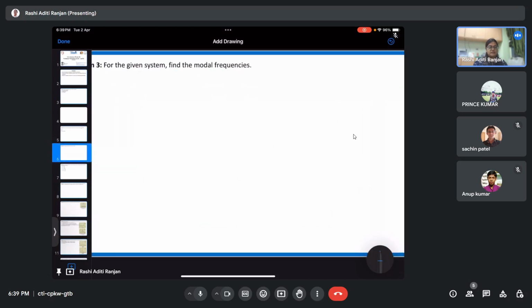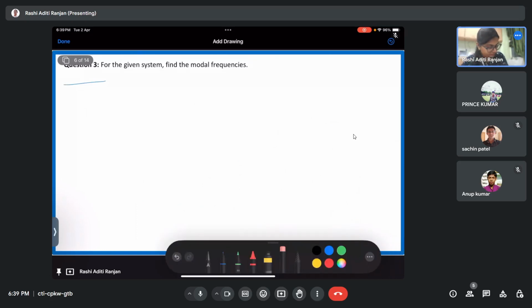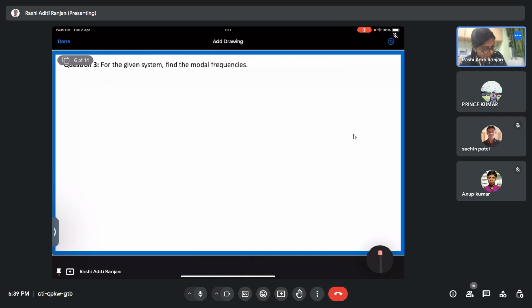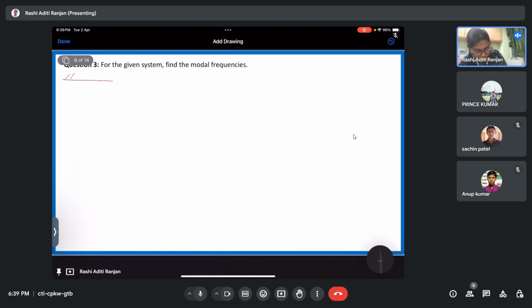Okay, now it says for the given system, find the modal frequencies. I have to draw the system. Consider a system like this. There is a spring, there is a mass, there is another spring, there is another mass.